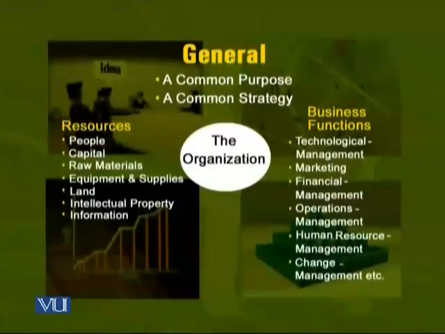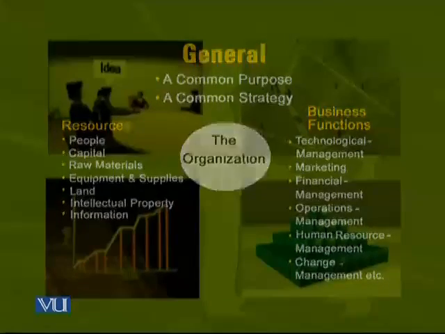so on. So, an organization has a common purpose and some common specific strategies. All organizations have certain resources and perform certain business functions. Those can be marketing, financial management, technological management, human resource management, and so on. Any organization, as I said earlier, is working in a dynamic environment.